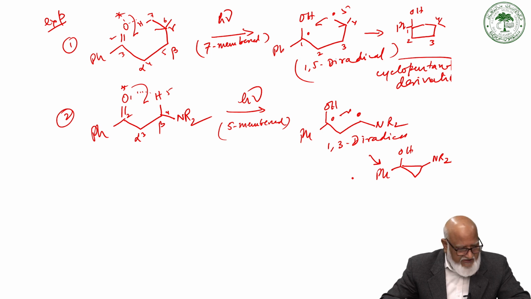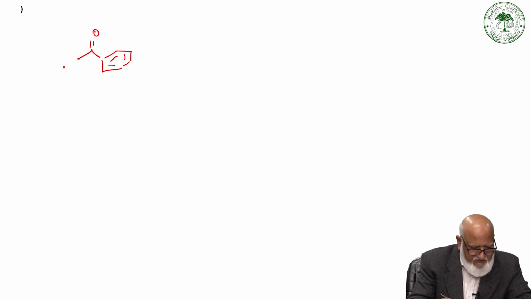Not only this, even higher ring structures have also been reported. I mean, if we have a system like this, there is a carbonyl, Ph, and there is a long chain at the para position.